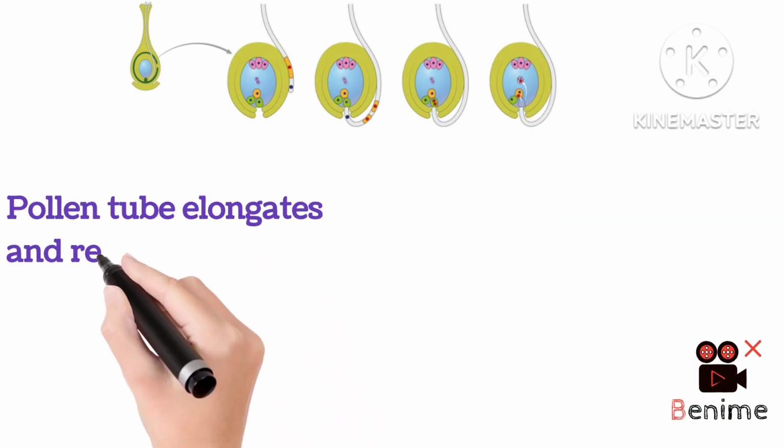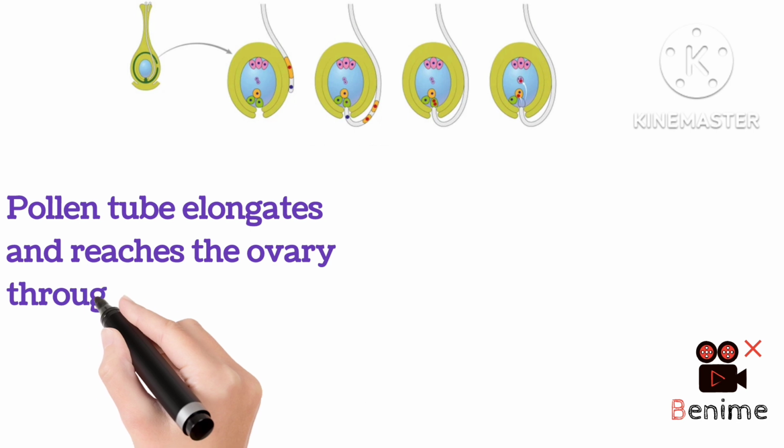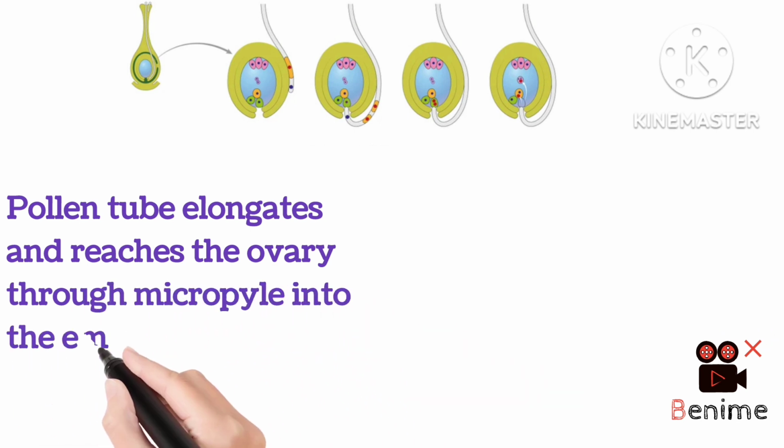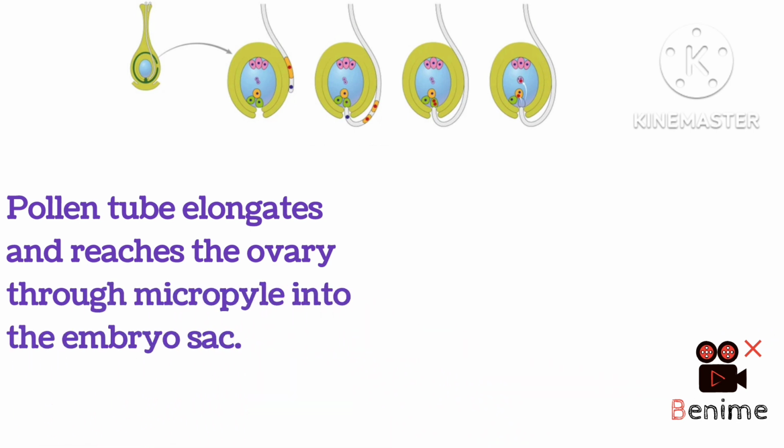The picture shows how the pollen tube enters through micropyle into the embryo sac. The pollen tube elongates and reaches the ovary through micropyle into the embryo sac.